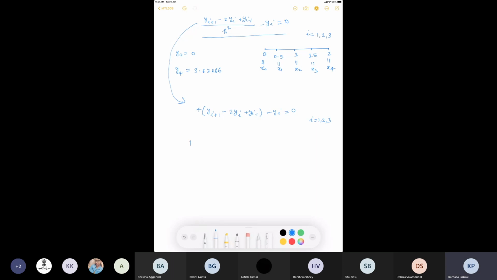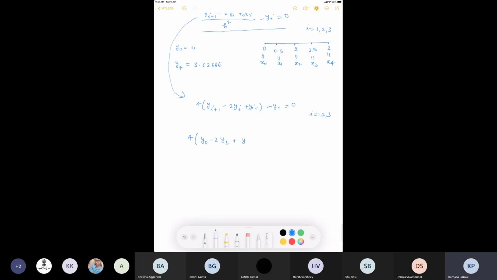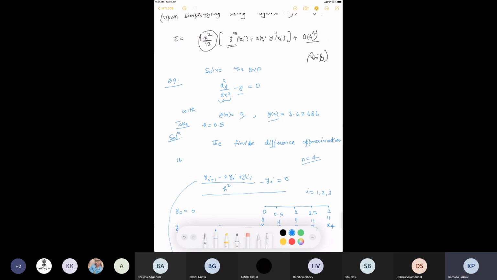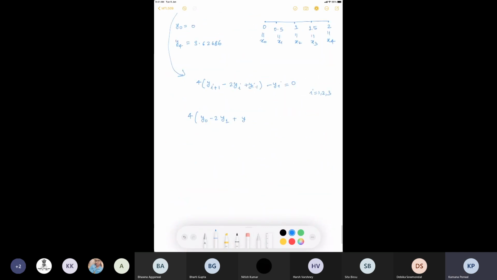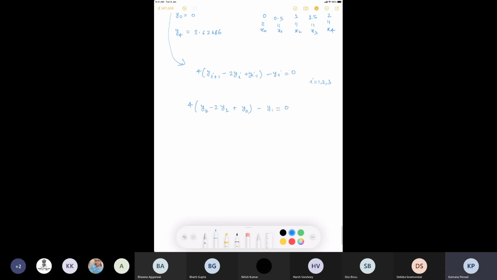The first equation, I'm going to get as 4 times y0 minus 2 y1 plus, sorry, I'm writing y_{i+1} first, right? So this will be y2, plus y0 minus y1, this is equal to 0.